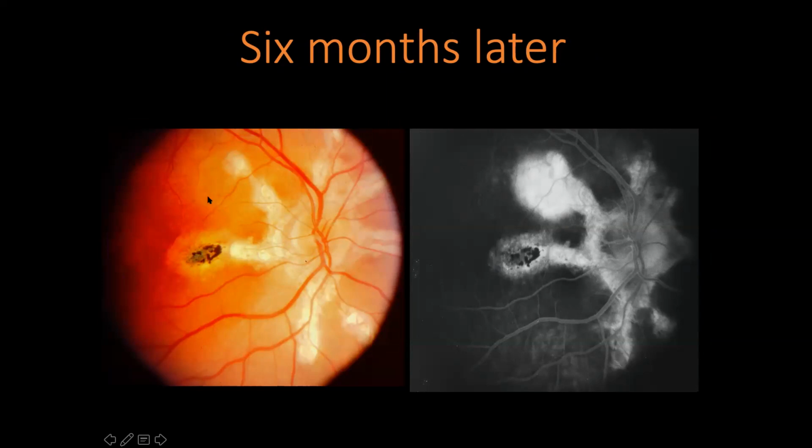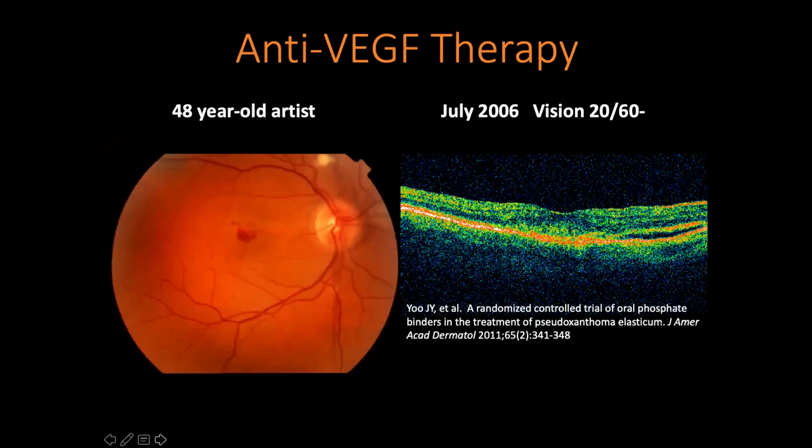We call this a neurosensory detachment surrounding a second area of neovascularization in this patient. He was treated for this lesion with photocoagulation long before anti-VEGF agents. Another patient that was successfully treated with laser.